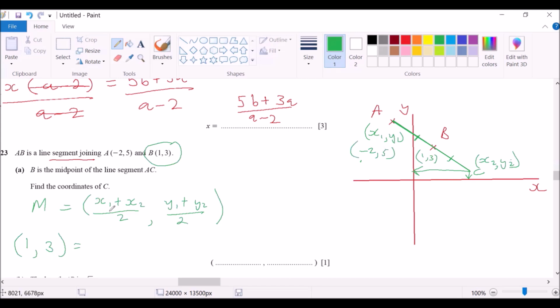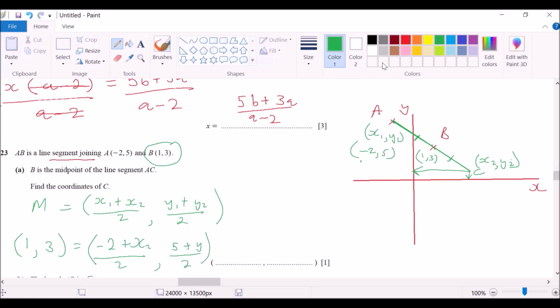So the coordinates of the midpoint, 1, 3, will be equal to x1 is -2, which is the x-coordinate of A, plus x2, which is the x-coordinate of C, which we are looking for, over 2, and y1, which is the y-coordinate of A, plus y2, which is the y-coordinate of C we are looking for, all over 2.